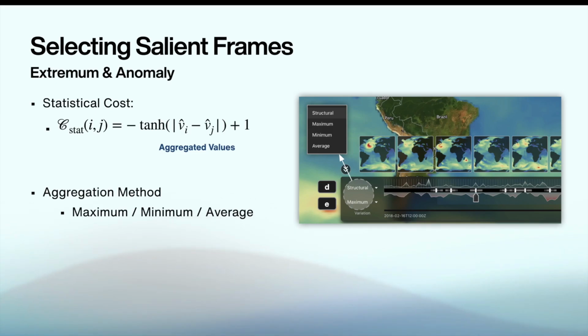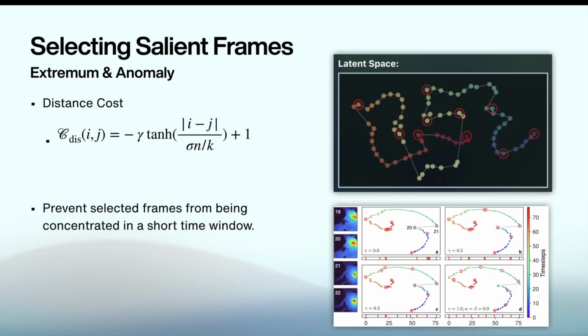Users can switch different aggregators to suit their needs and adjust the weights of statistical cost and structural cost in the system. Additionally, we incorporate distance cost to prevent selected frames from being concentrated in a short time window. As shown in the figure, frames 19 to 22 are all selected without the distance penalty, but only 20 and 21 are selected when distance cost is applied.